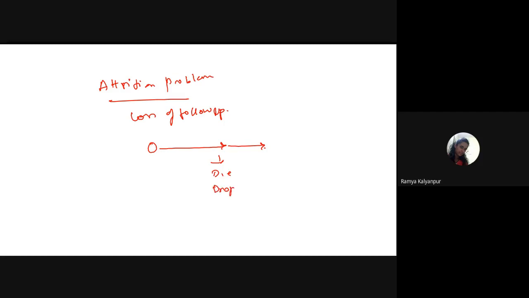They are called dropouts. So the chances of loss of study subjects are high in cohort studies. Whereas this attrition problem is not there in a case control study, because we are not doing any follow-up. We are just going and asking them about the risk factor.